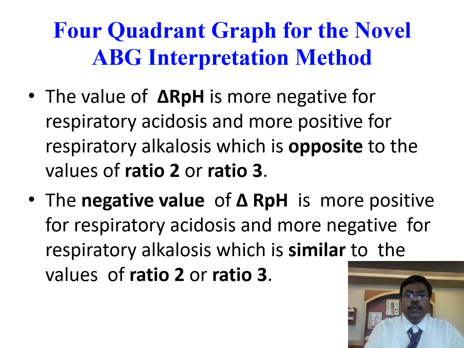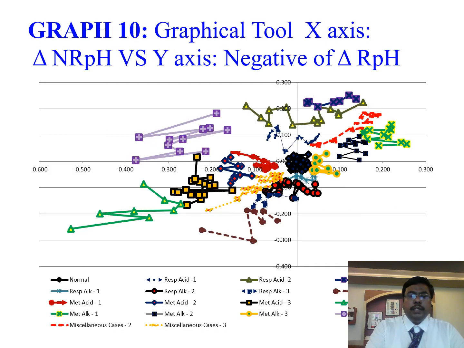So this is opposite to ratio 2 and ratio 3, so we have taken the negative value of delta RPH. If you take the negative value, it will be similar to ratio 2 and ratio 3. So the negative value of delta RPH will be positive for respiratory acidosis and more negative for respiratory alkalosis. So on the x-axis, delta NRPH, the metabolic component, is taken, and on the y-axis, the negative value of delta RPH, the respiratory component, is taken. So easily, the various acid-base disorders can be plotted in the 4-quadrant graph.